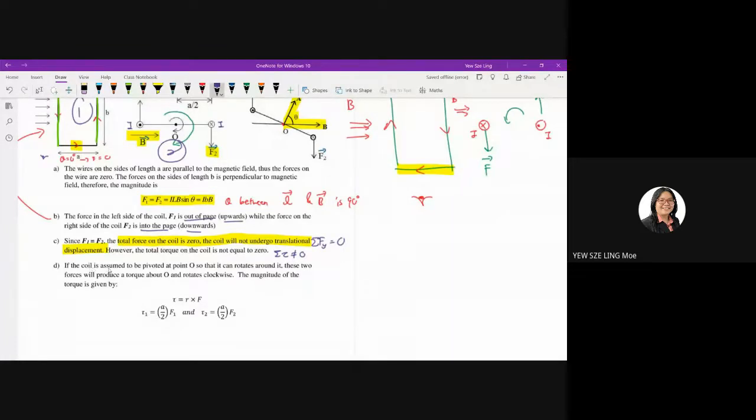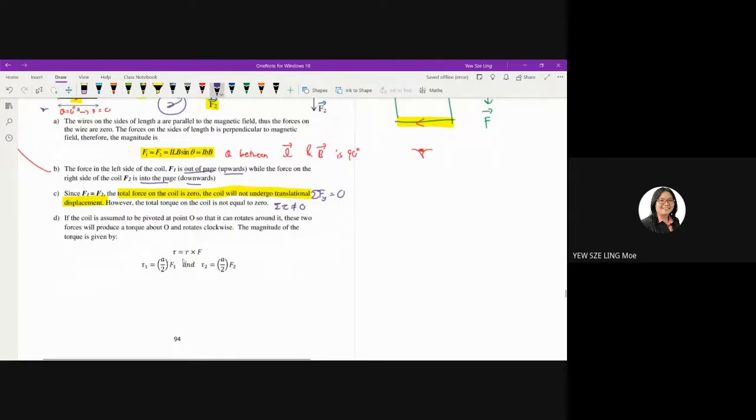If the coil is assumed to be pivoted at point O, so that it can rotate around it, these two forces will produce a torque about O and rotate in the clockwise direction, according to the example given. The magnitude of the torque is given by torque equals r cross F, the equation that you learned in Sem 1. So r is a over 2 right here.